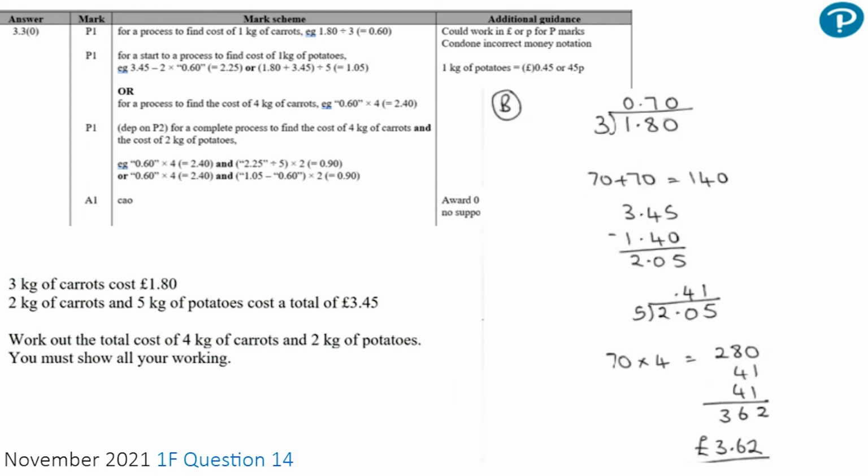Oh, I clicked too fast then. Just really conscious that there's loads of slides. Can't believe I put so many together. You've got 180 divided by 3. Made a mistake. They've then tried to, or worked out the cost of 2 kilos.